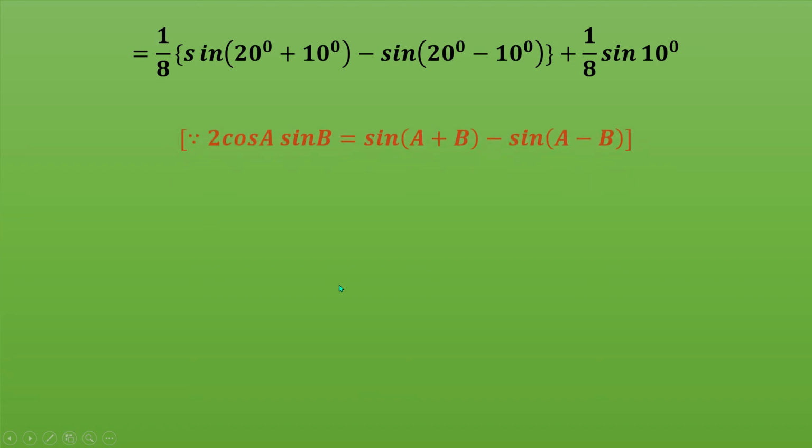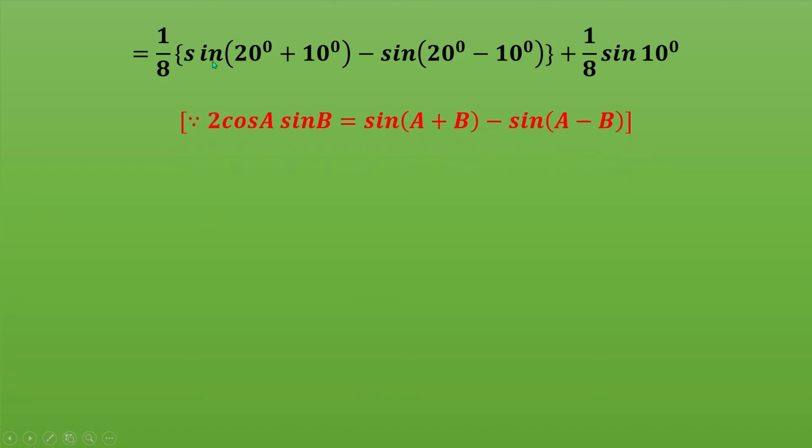Now follow. 2 cos A sin B means sin(A plus B) minus sin(A minus B).